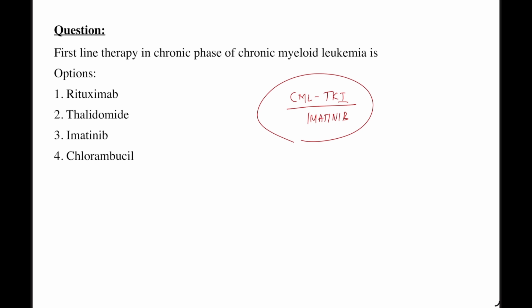So first line therapy is tyrosine kinase inhibitors, and they act on BCR-ABL tyrosine kinase activity. Imatinib is one example. The other drugs are nilotinib and dasatinib. I think this is the easiest question you can ask in general medicine.